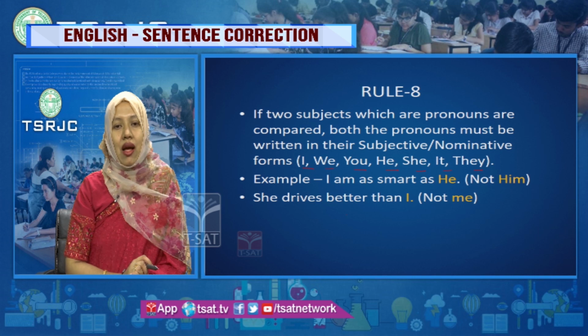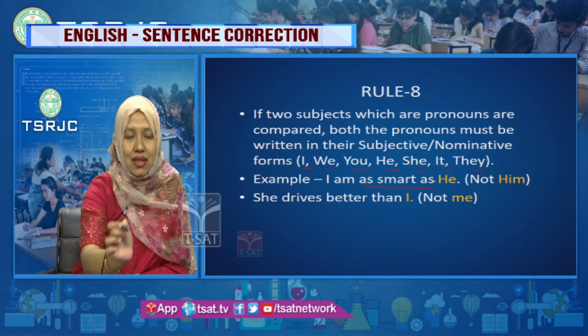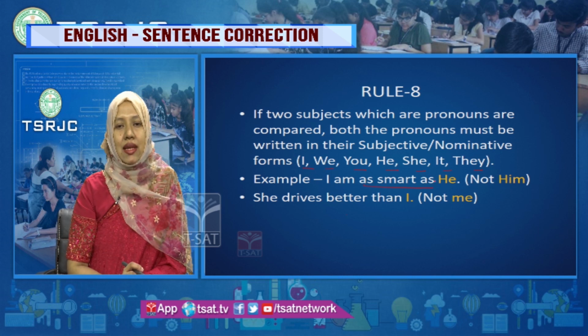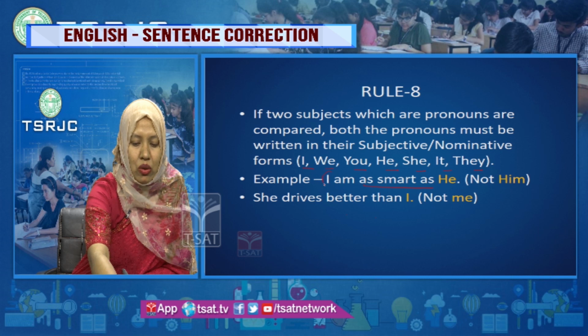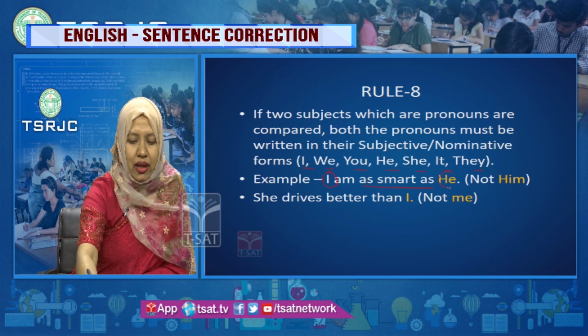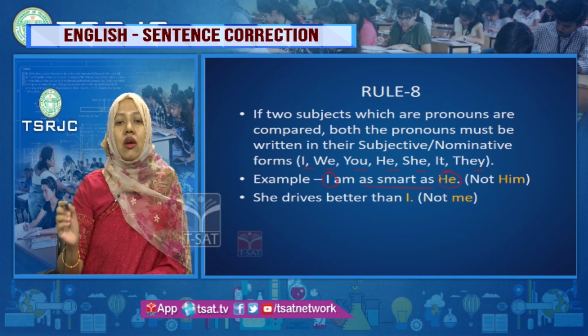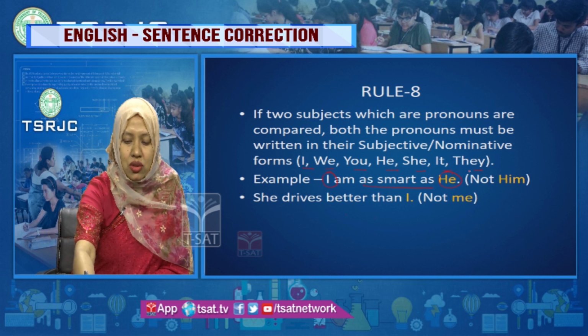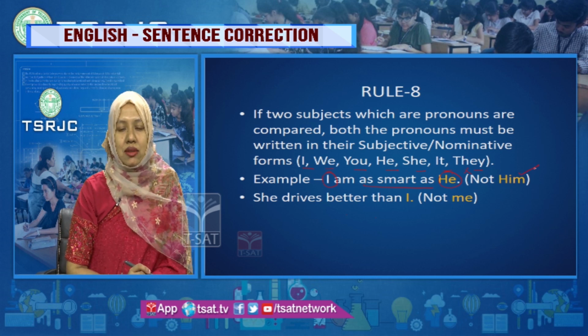For example, I am as smart as he. Here a simile is used, a comparison is used, as smart as he. In this sentence, two subjects are there, two pronouns are there, I and he. So, when you compare two pronouns, you have to always use the pronoun him in the object place.